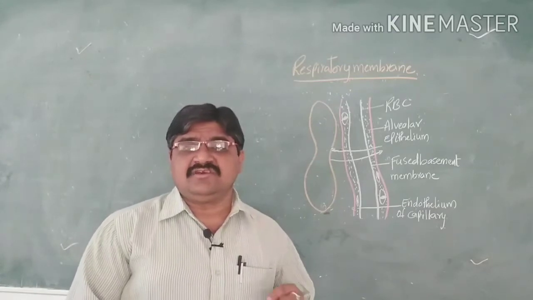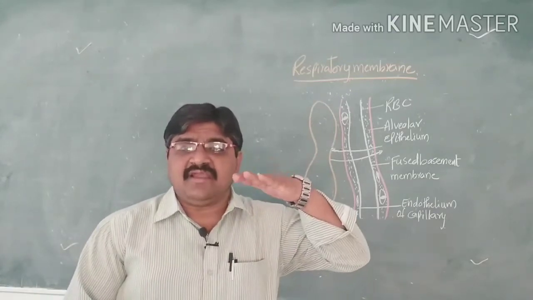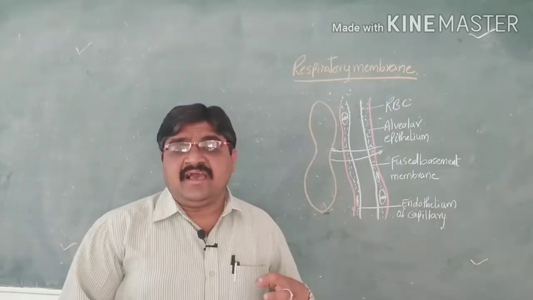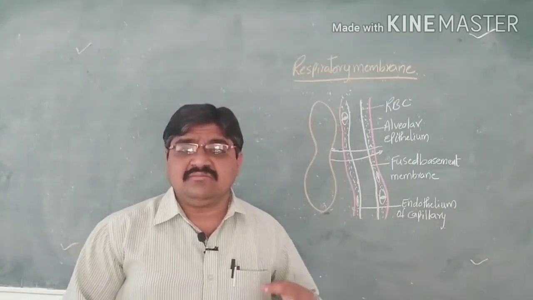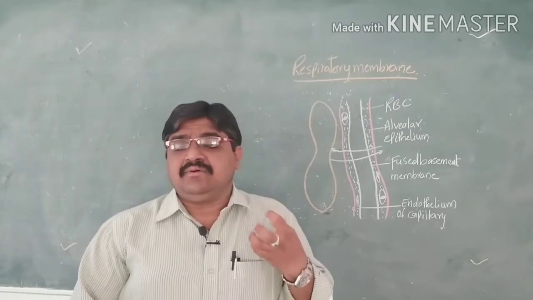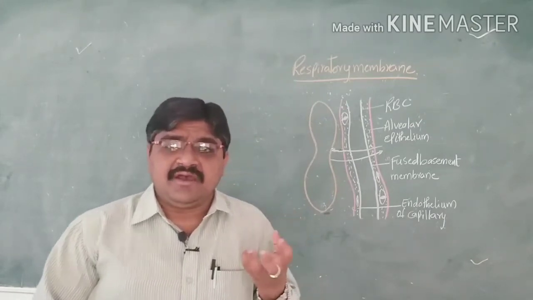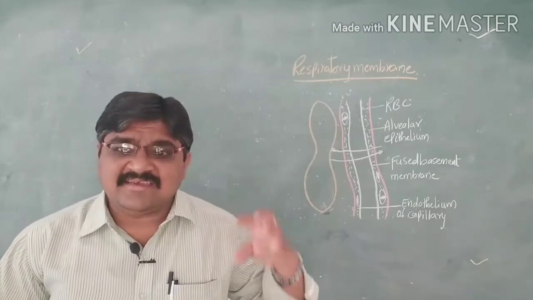So in inspiration, what happens? The dome shape becomes flat due to the contraction of muscles, and the external intercostal muscles pull the chest cavity upward. When it is pulled upward, the volume of the chest cavity increases.